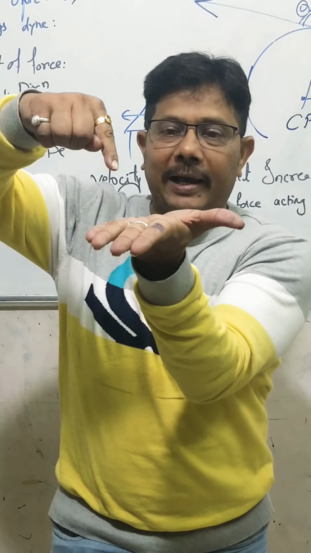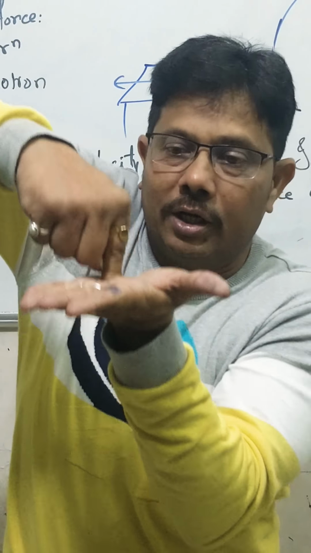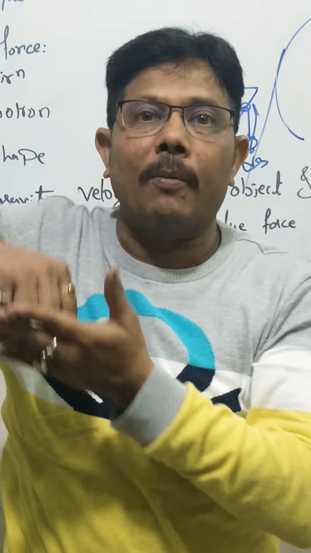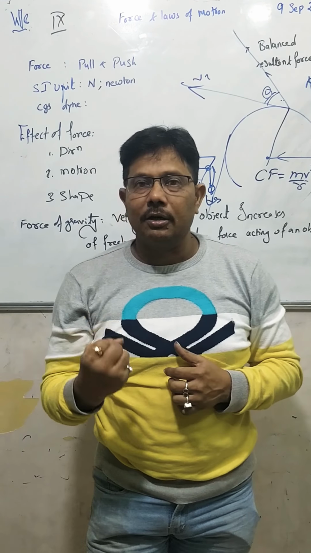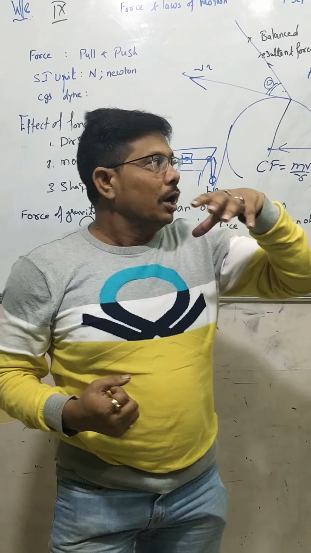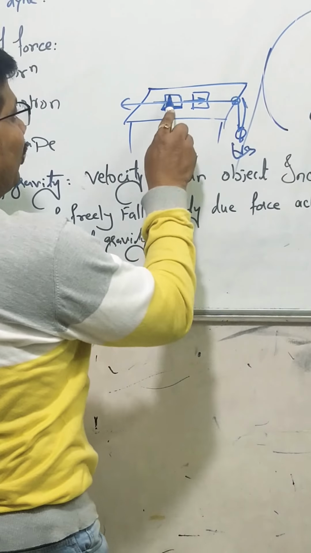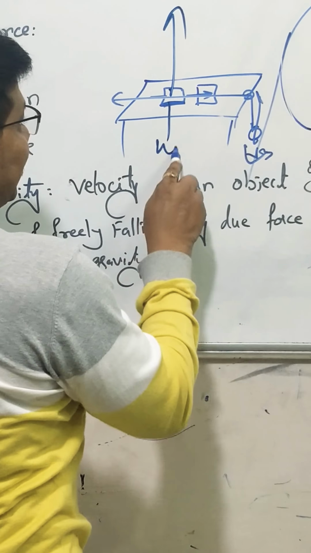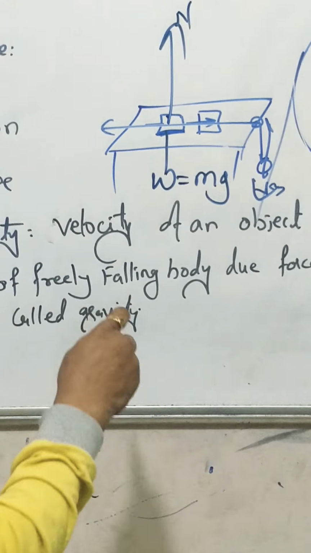Keep your arm like this and press from the top; you will feel an upward force. This upward force is the normal reaction, and the earth's gravity is attracting that object towards the center of the earth. That is called weight. Normal reaction acts vertically upward, and weight W equals mg acts downward.